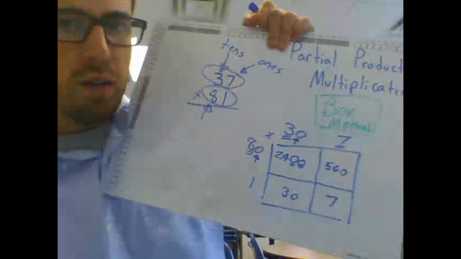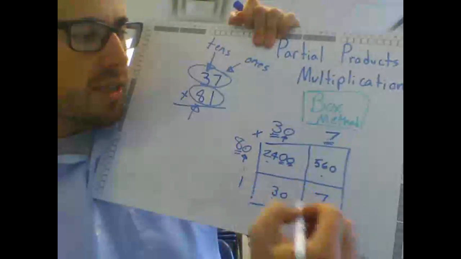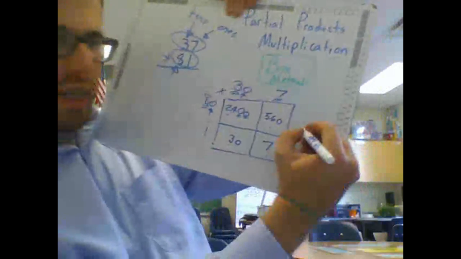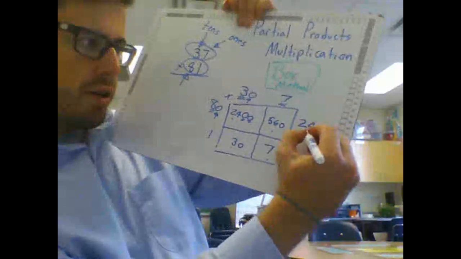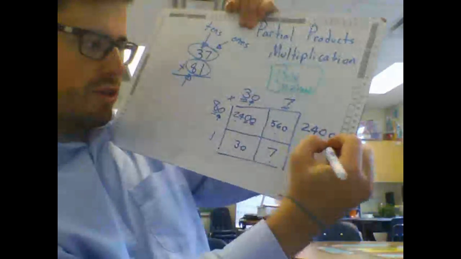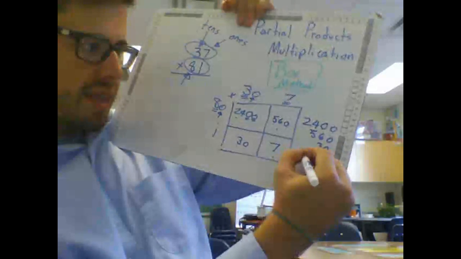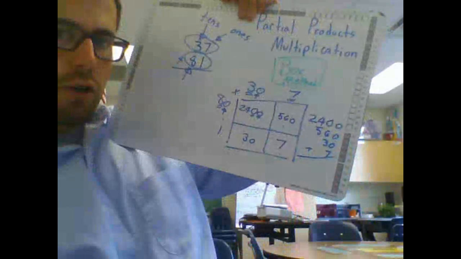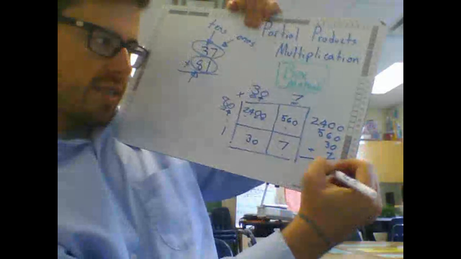Our final step using this box method is that we need to take all of the products we just found and add them all together. I like to write it over here on the side: 2,400 plus 560 plus 30 plus 7. See how I took all of my products and grouped them together here? We add our ones, we get 7.